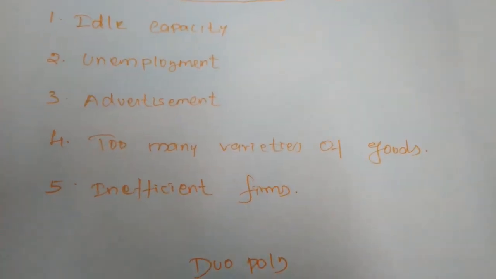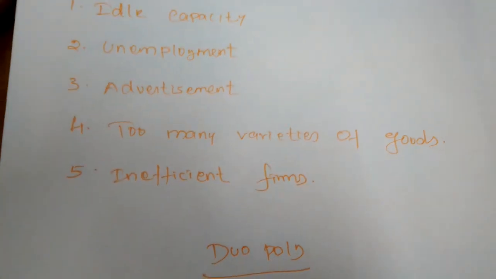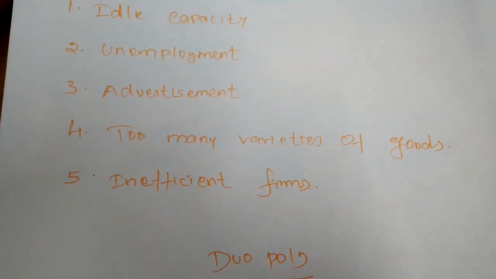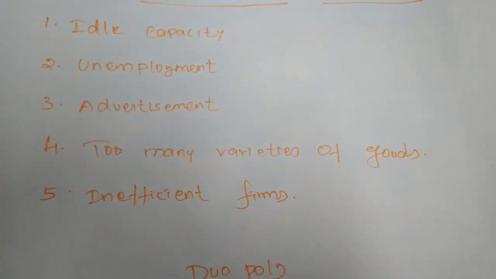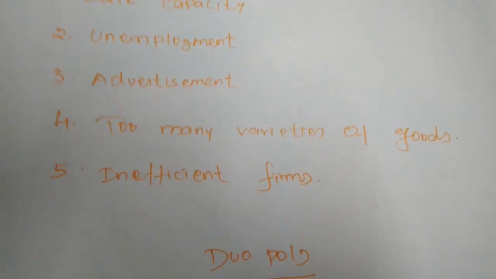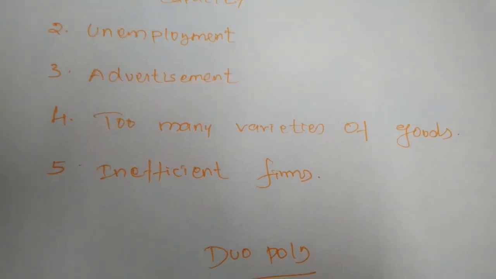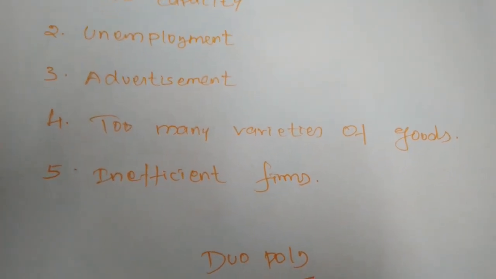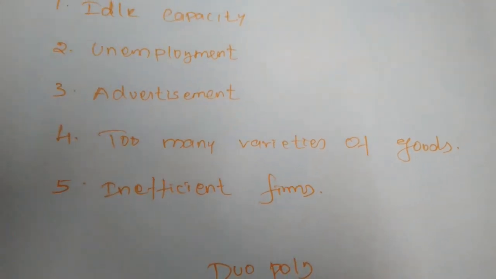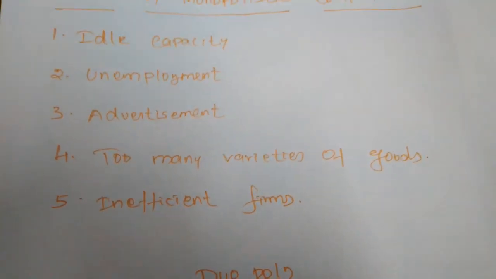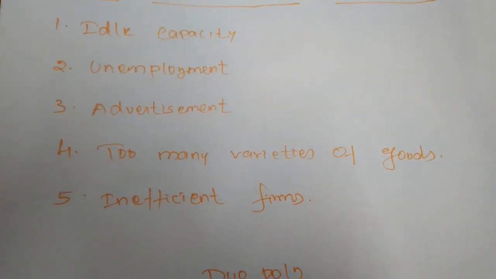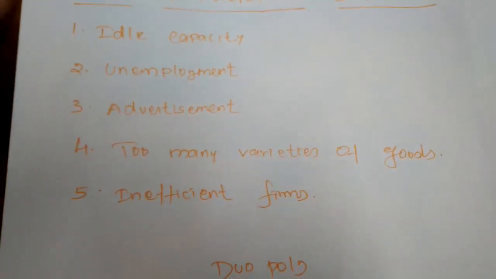Next, inefficient firms. Under monopolistic competition, the inefficient firms charge prices higher than their marginal cost. Some firms fix the price of their commodities very high. Such companies should be eliminated from the market, but it is not possible because consumers always want to purchase commodities produced by this type of company.